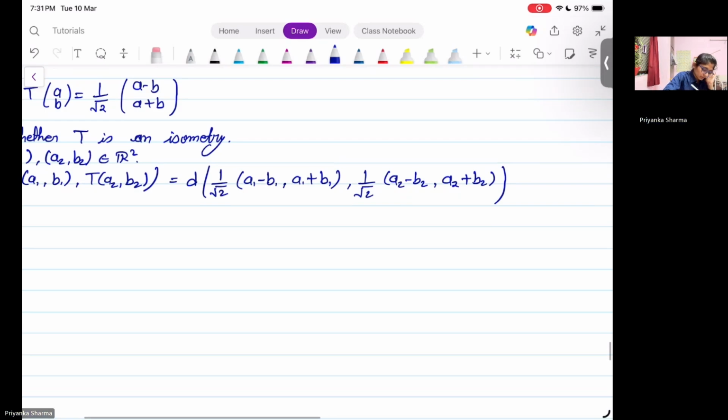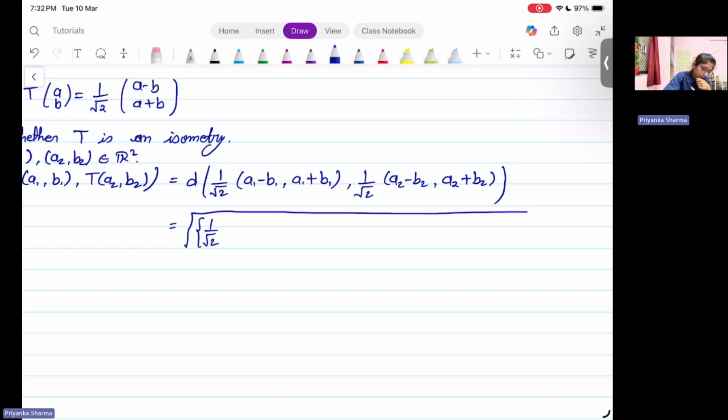Okay, so this will be the square root of 1 by root 2, which you can take common, and it will be (A1 minus B1) whole square minus (A2 minus B2) whole square.